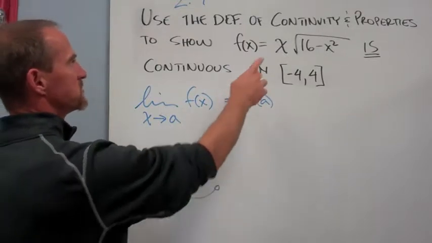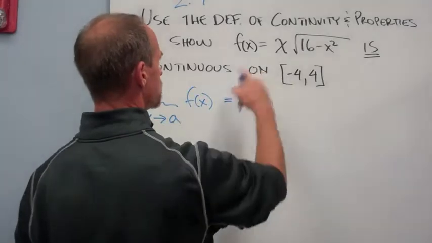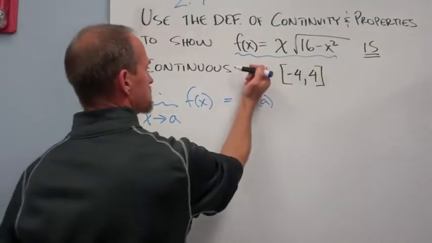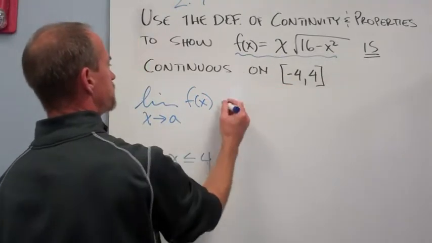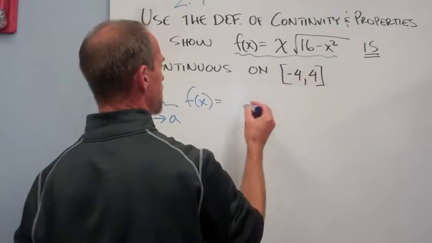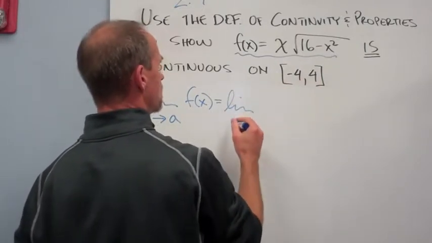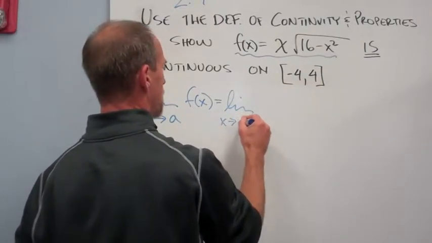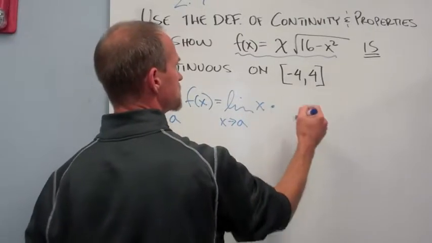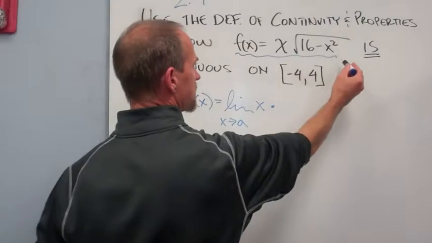So what we do is we take the function and we consider the limit of this function. I'm going to substitute it in here so I have room. The limit of two things being multiplied is the same as the limit of these things being separate and then multiplied. So that's x times, well, I'm taking the limit of this radical.